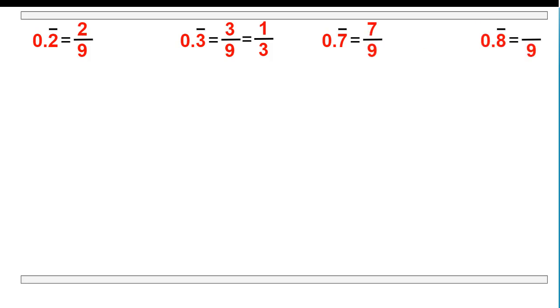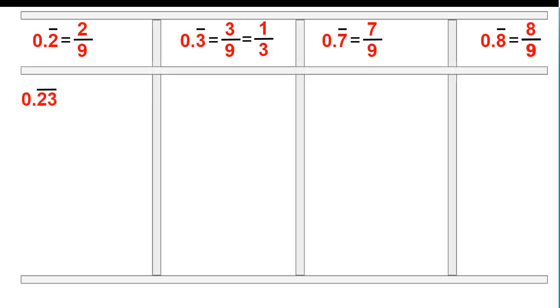And 0.8 becomes 8 over 9. This is for one digit, and it applies to all the one digits which are recurring. So 0.1, when the 1 is recurring, it's 1 over 9.